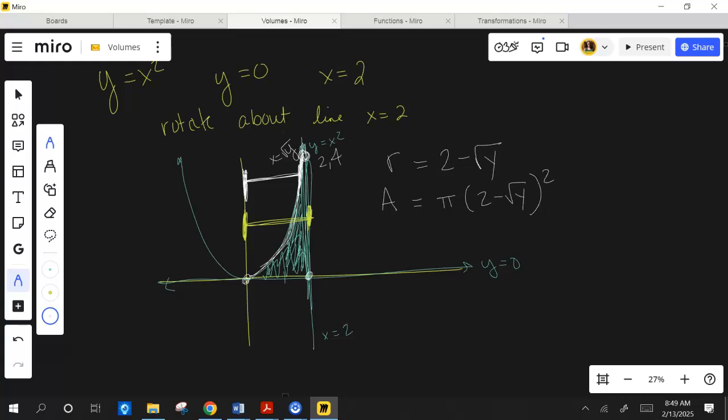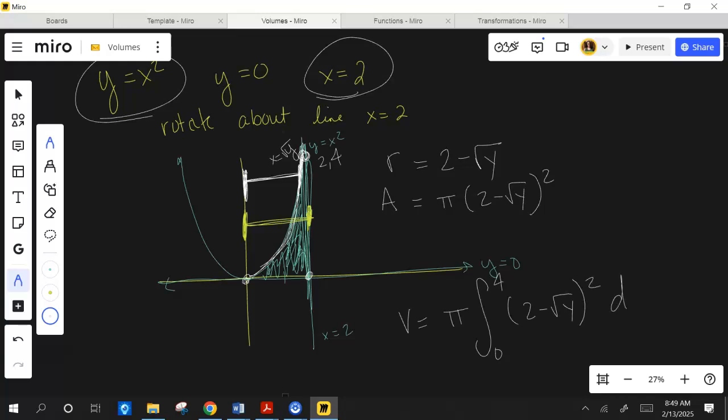So the volume is the integral from 0 to 4 of pi times (2 minus square root of y) squared dy.